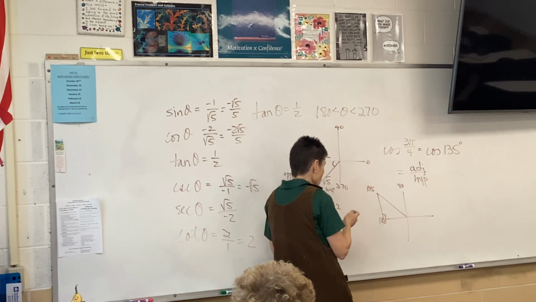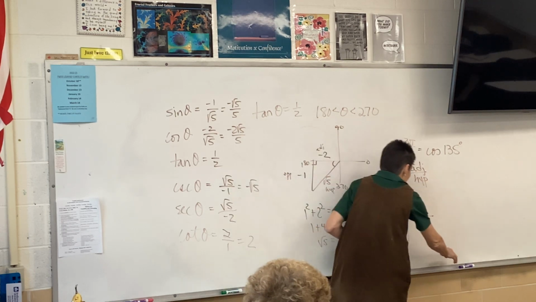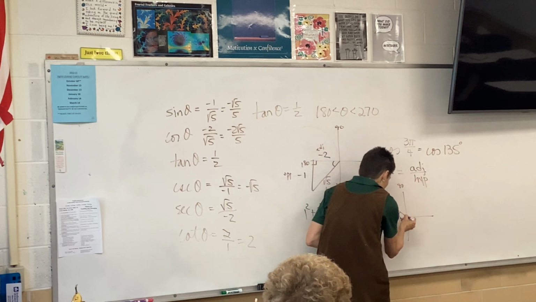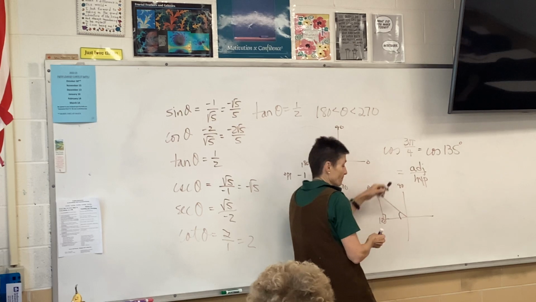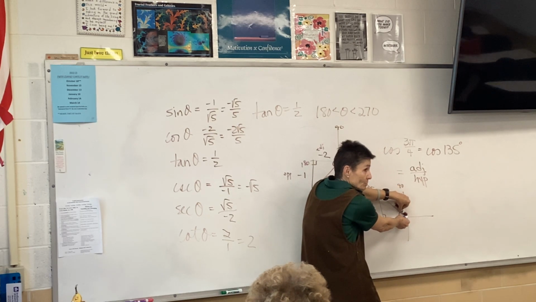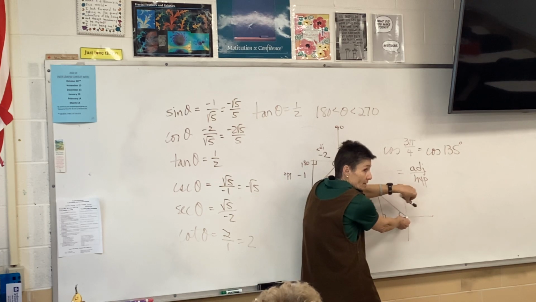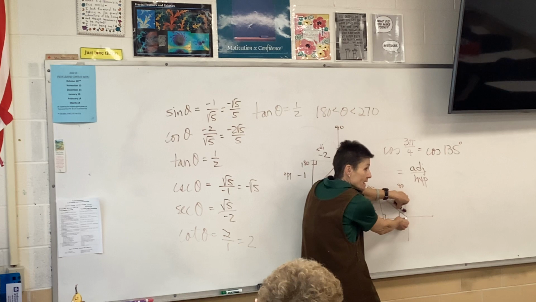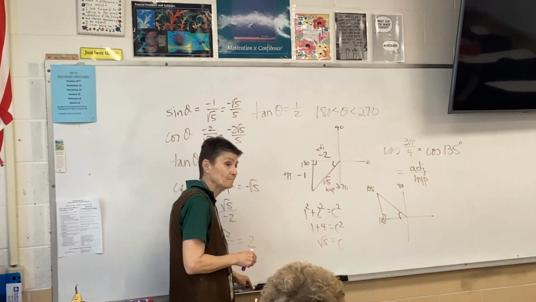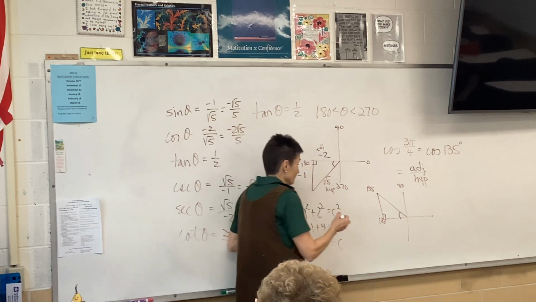Now, in order to do some labeling here, I need to know this angle right here, this purple angle, that's the key. That angle is formed by these two markers. Would you agree with that? This marker is 135. This marker is 180. How much is between 135 and 180? 45.